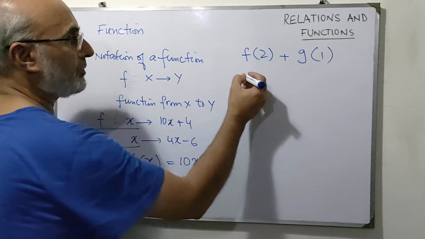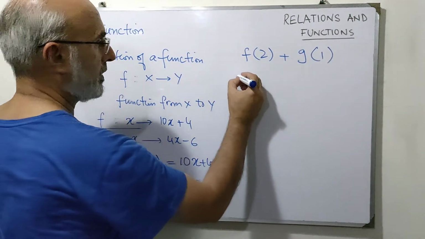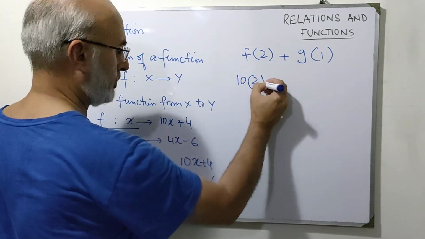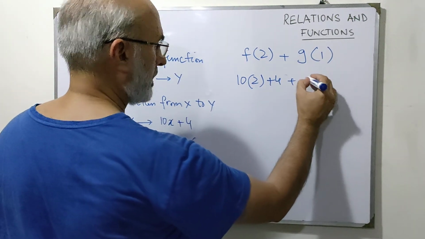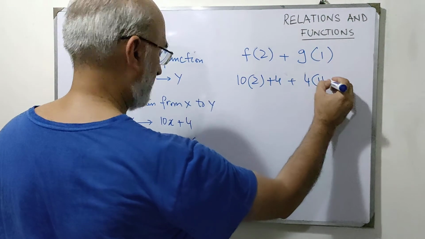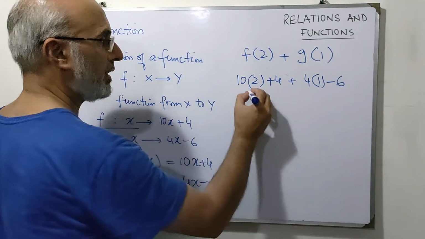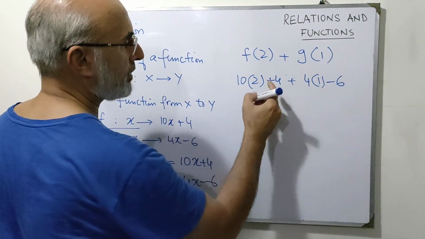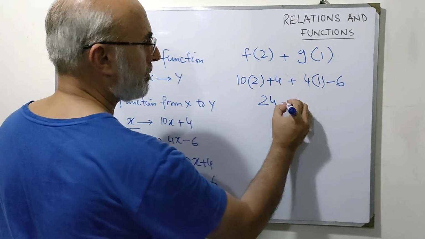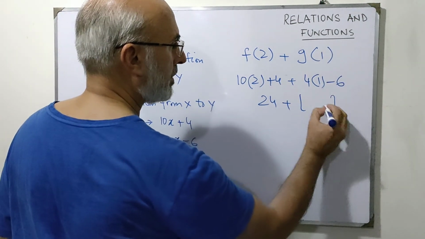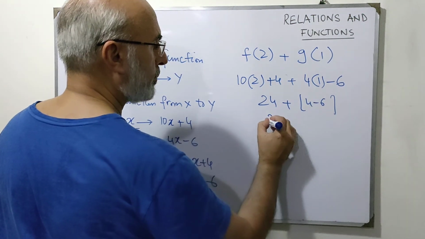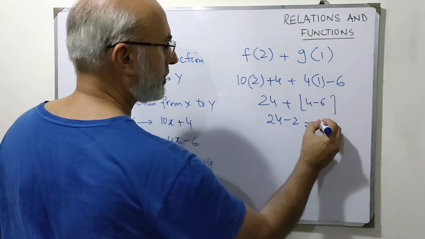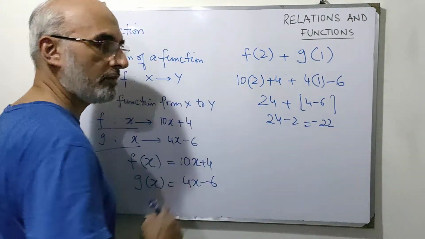Now what do we have to do? 10 into 2 plus 4, plus 4 into 1 minus 6. So it is basically 20 plus 4, 24, plus 4 minus 6. So 24 minus 2 is equal to 22. Okay?